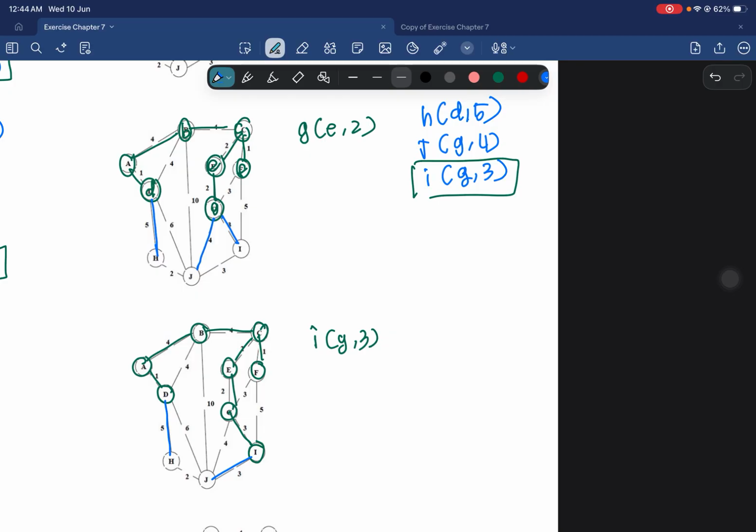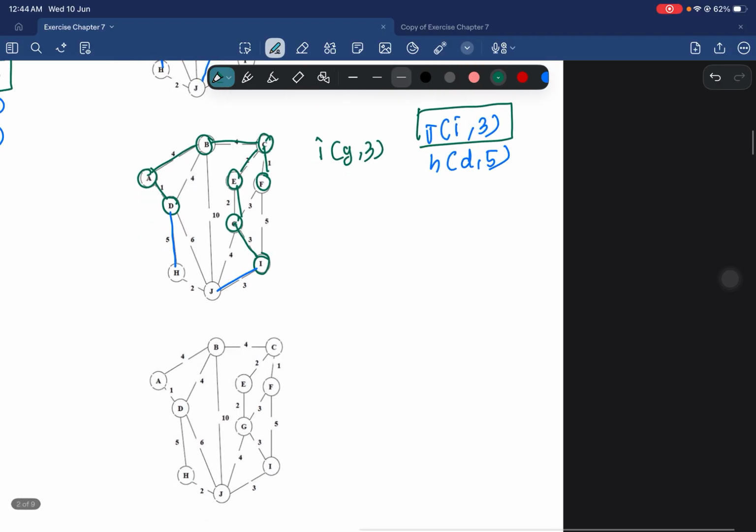So the shortest is J. So we have J by I 3 and H by D 5. So the shortest is J. We choose J here, I 3. So we have these 3.